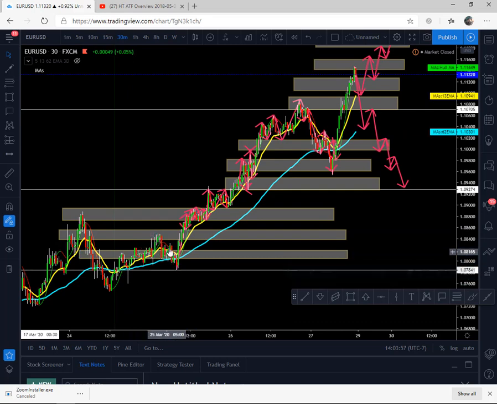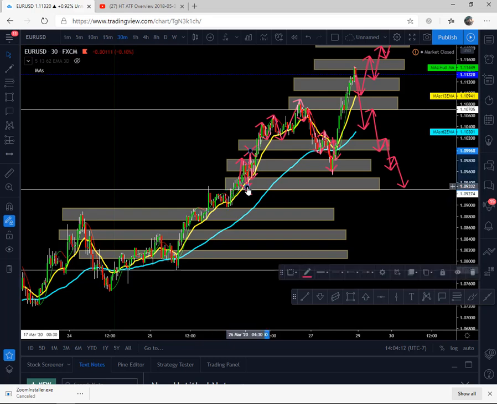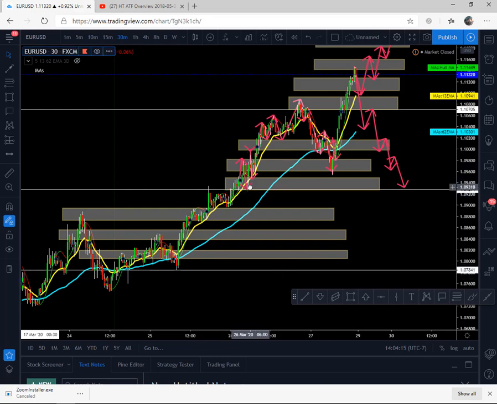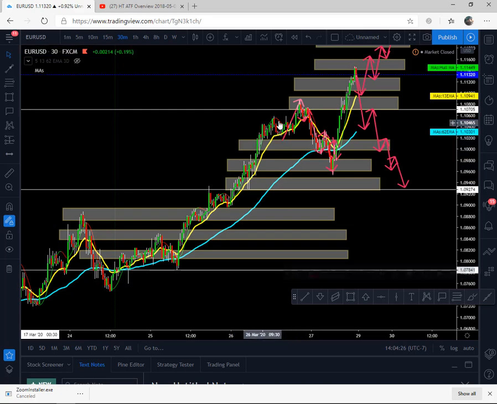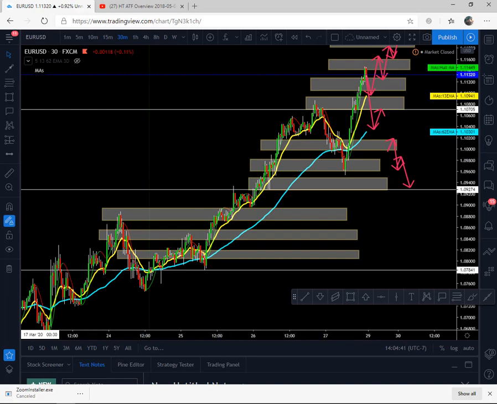Let's see if I could spot a couple. Oh, too many arrows.